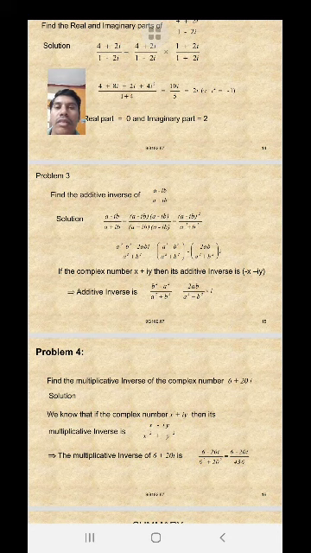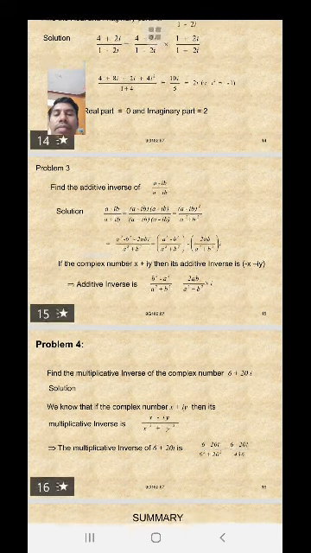Again here also we take the conjugate of the denominator, multiply and divide the fraction, and finally we get it in the form of a plus ib. Then we can easily find its additive inverse or multiplicative inverse, whatever the question is.